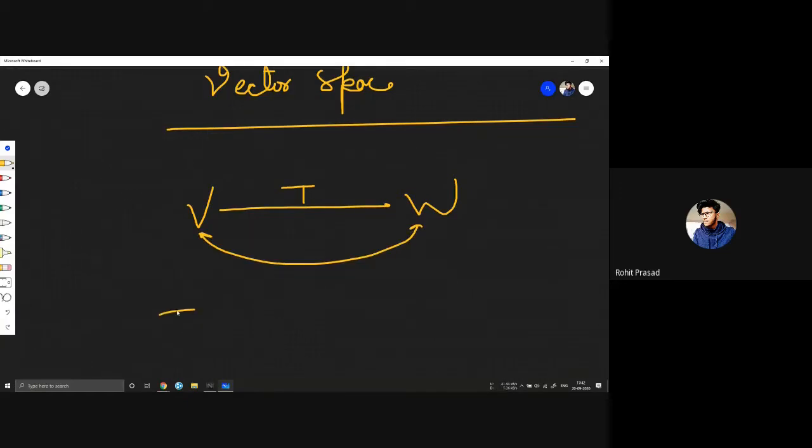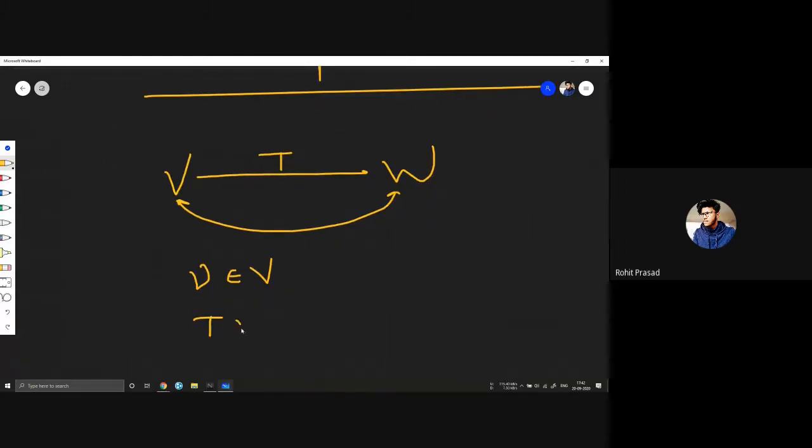Like, let's say we have a vector V, then this transformation of V will take it from this vector space V to W. So a transformation is a map from one vector space to another vector space.